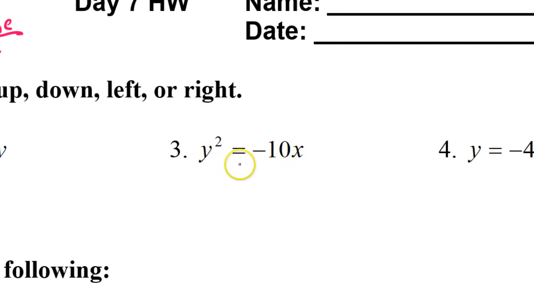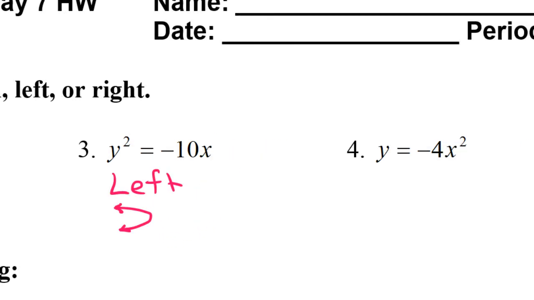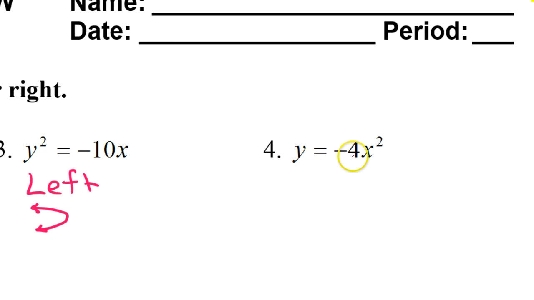That's not what we used to have. This must be sideways. Because of the negative, I know that it will be facing to the left, like this. This one, y equals x squared. That's normal. So I know it will be up or down. Because of the negative, I know it will be down. Like this.